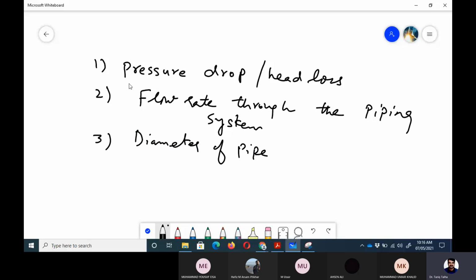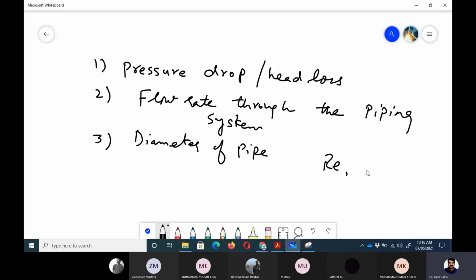So these first two types of problem are quite straightforward, and we will do a couple of numericals for each. But the third one is quite laborious or cumbersome analysis, because everything in the piping system depends upon the diameter of the pipe. Why is that? Because if we want to calculate Reynolds number, that depends upon the diameter.